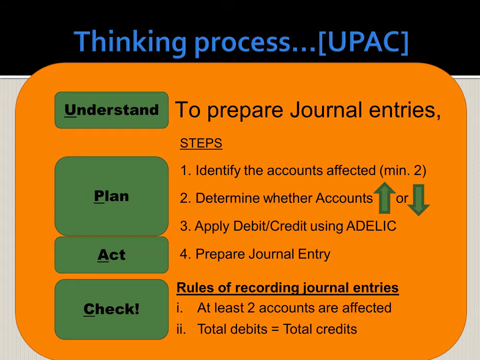Once we have identified whether the accounts have increased or decreased, we would apply the debit and credit rule using the ADE LIC table that you were shown earlier. Finally, we would prepare the journal entry by recording our analysis in a particular format. Last but not least, remember to follow the rules when we are recording the transactions.